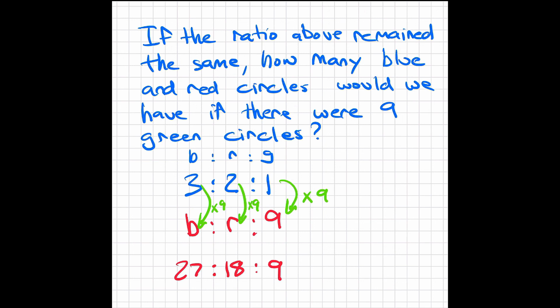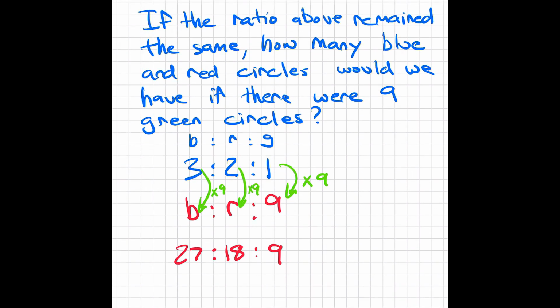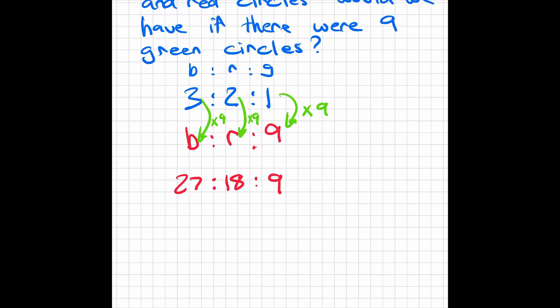So the answer to this question, we got to make sure we're answering the question. It's not asking for a ratio to be set up like this. It's saying how many blue and red circles would you have?